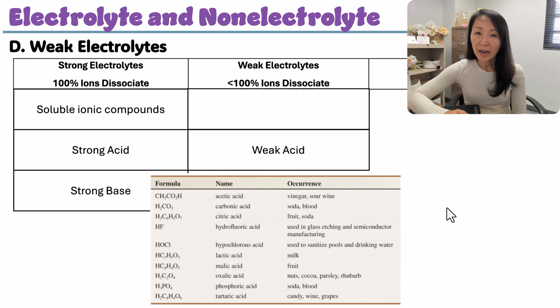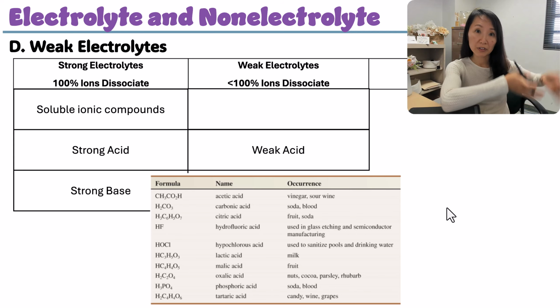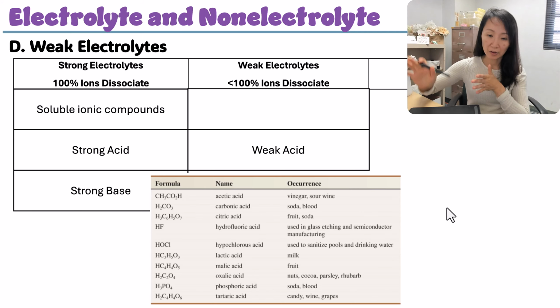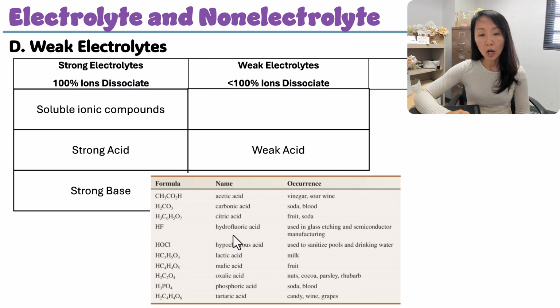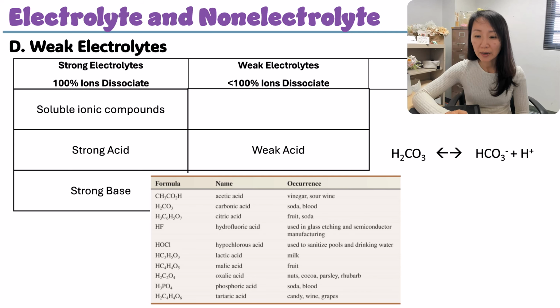One category under weak electrolyte is a weak acid. I've said if it's not in the strong acid list, then it's automatically a weak acid, and these are some of the common weak acids you might see that you could read on your own. But what I do want to illustrate is carbonic acid.